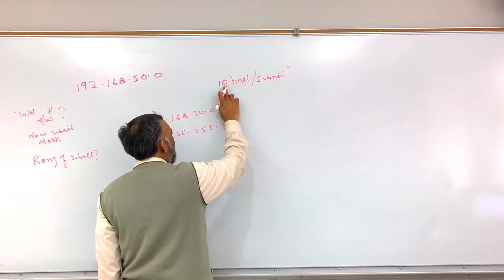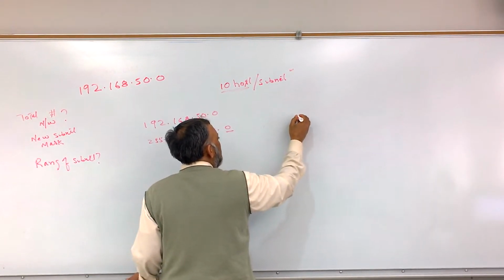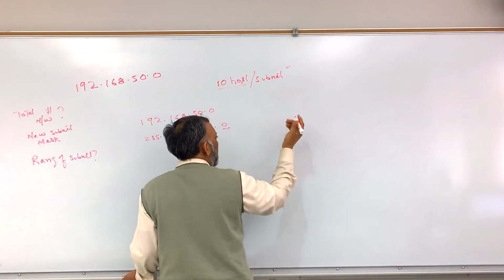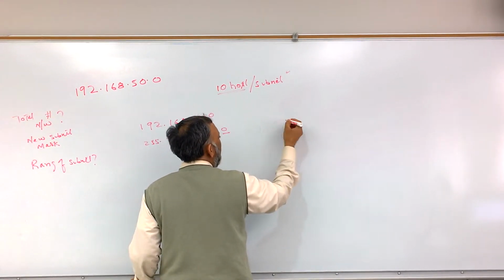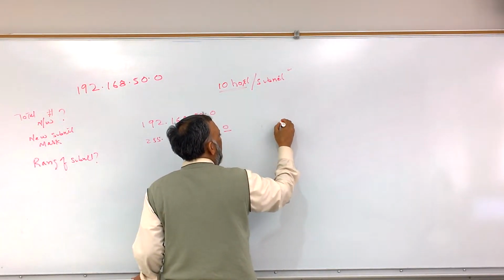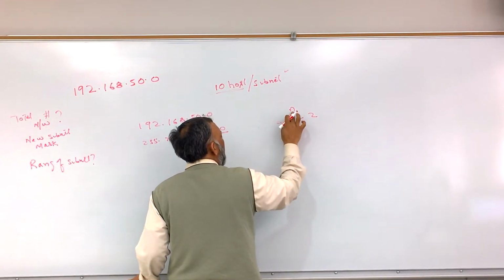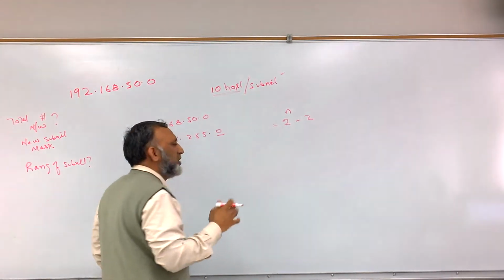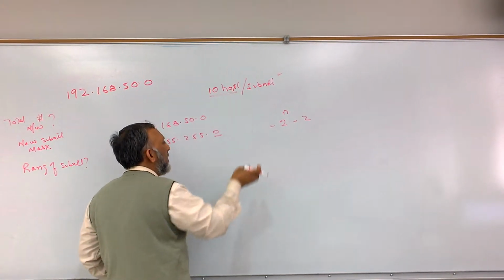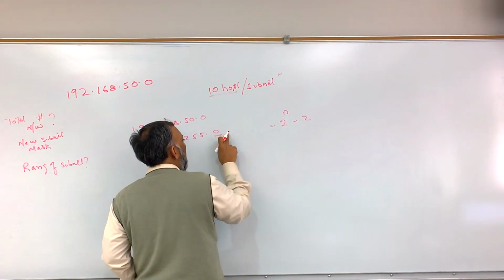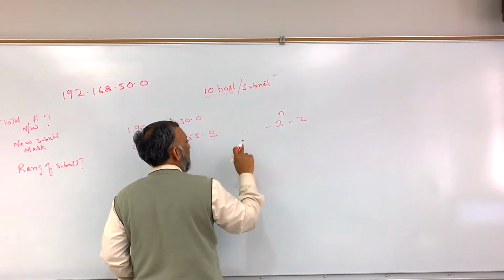If I want 10 hosts, I will use the formula to find the number of hosts: 2 to the n minus 2, where n is the number of zeros left over. So how many zeros should be there to get 10?